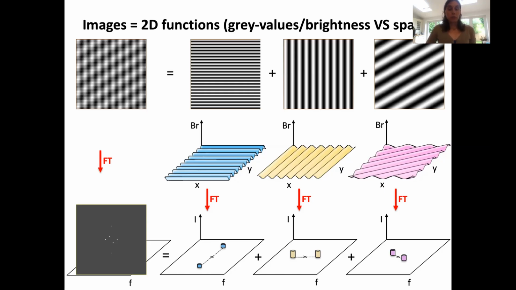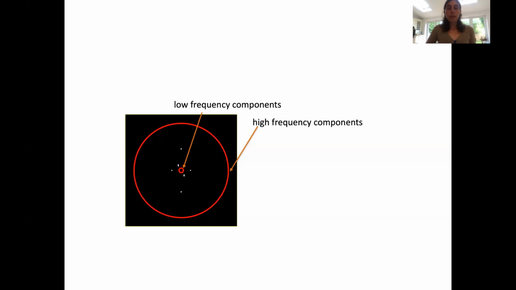Okay, good. So as I said, in the middle of the Fourier transform, we have the 0 frequency component, and then the frequency increases as we go away from the center of the Fourier transform.